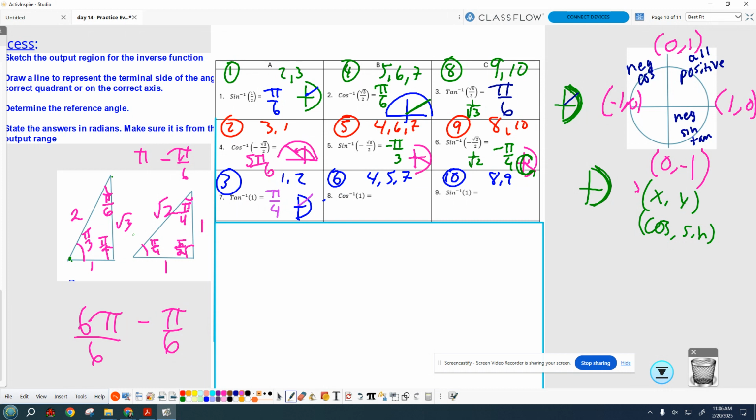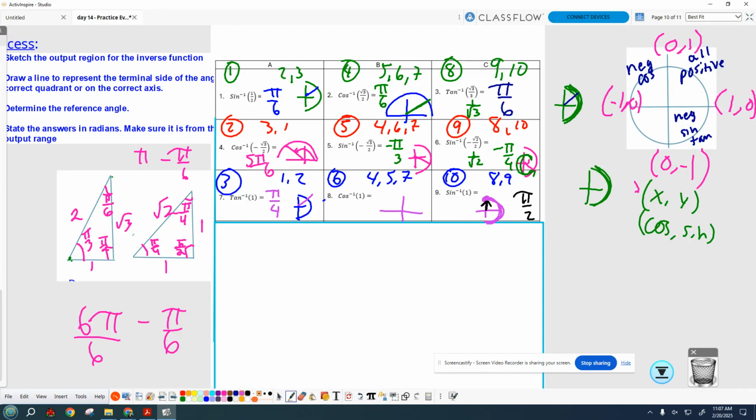Or those guys over there. Okay, so sorry. This is what they did. These guys did sine, where is sine 1? Well, here's the stick. What angle is that? Pi over 2. And this one, okay, cosine.